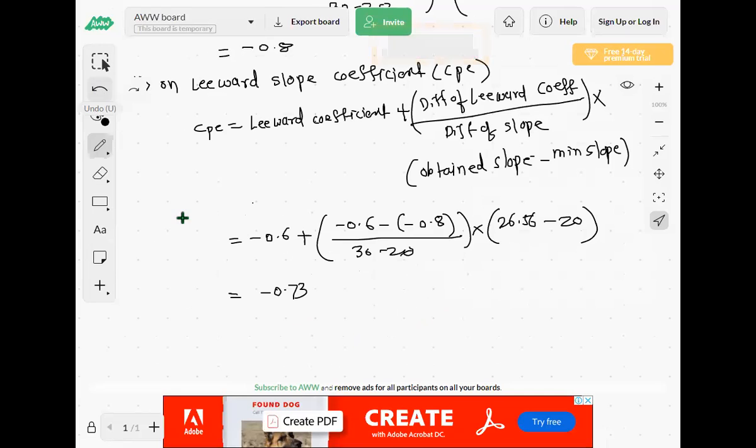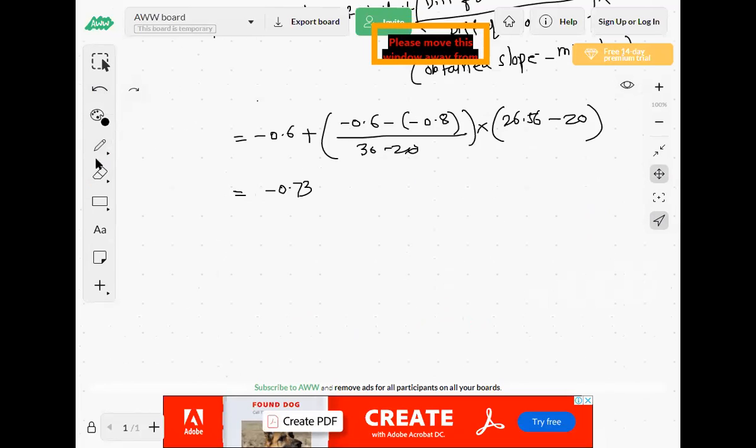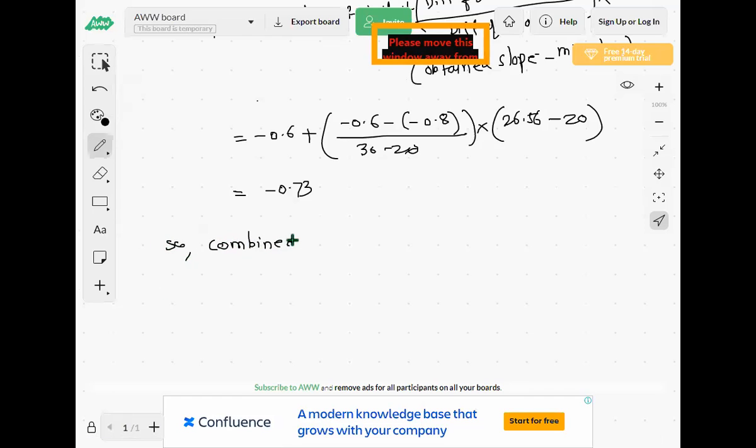So this is for wind normal to ridge. Now we have to calculate the combined wind pressure.